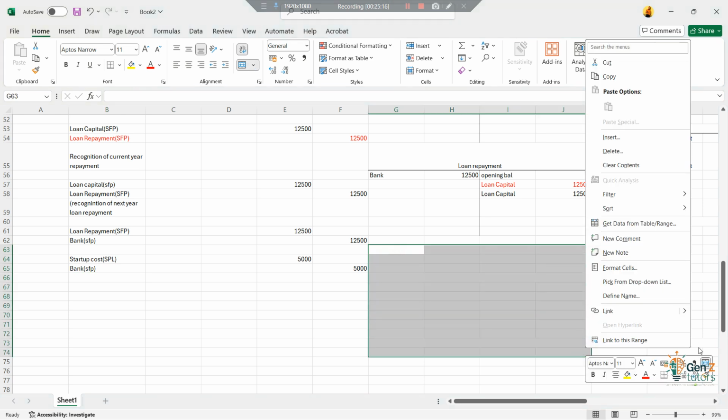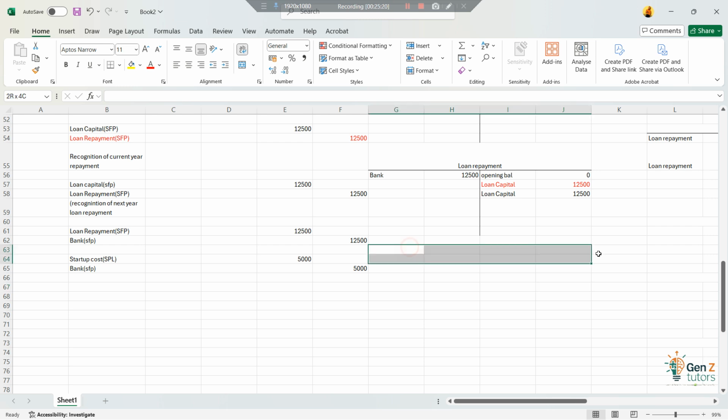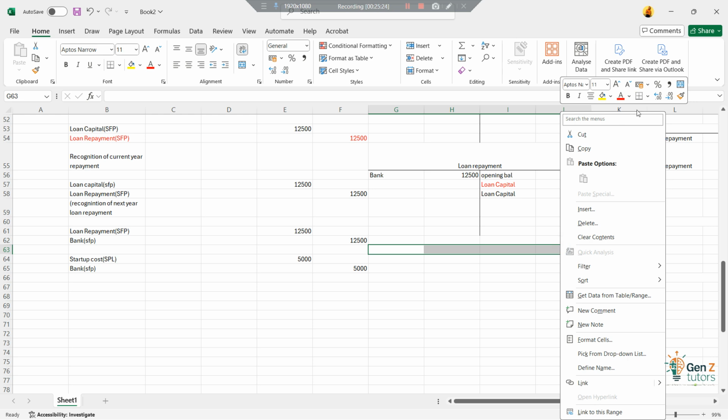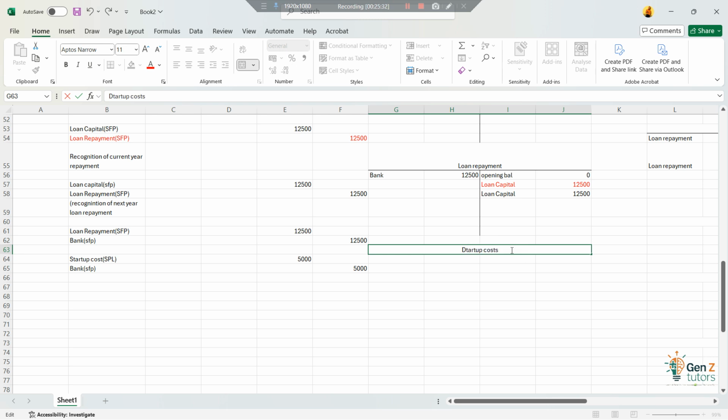This goes into profit and loss, or SPL, as an expense for 5,000. Since it was paid for by cash, this is by bank, which goes into SFP.